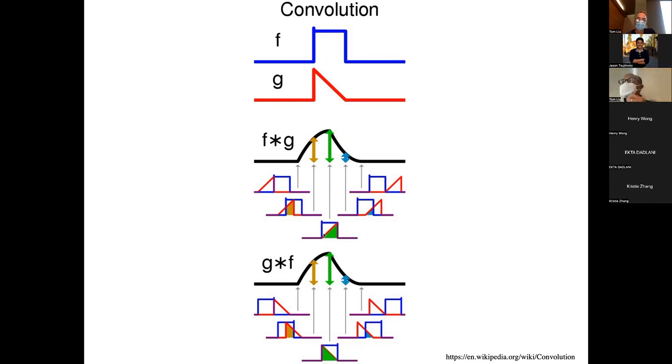And then here, if they're completely overlapped or most overlapped, we get the peak, and then as this one moves along here, we get this thing here, and it decays away. So the convolution of this rectangle and this sort of sawtooth comes out looking like this, right?